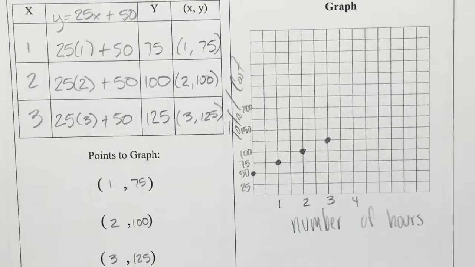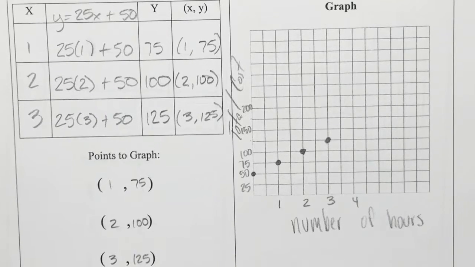Now we're going to decide, do we need to draw the line or not? Okay. Can he work 2 3/4 hours? Can he work a partial hour? Yeah, he can. Now, you will find that in real life, this is a real life scenario right here, if you hire somebody to come do something, if they work 3 hours and 10 minutes, they're going to charge you for 4.